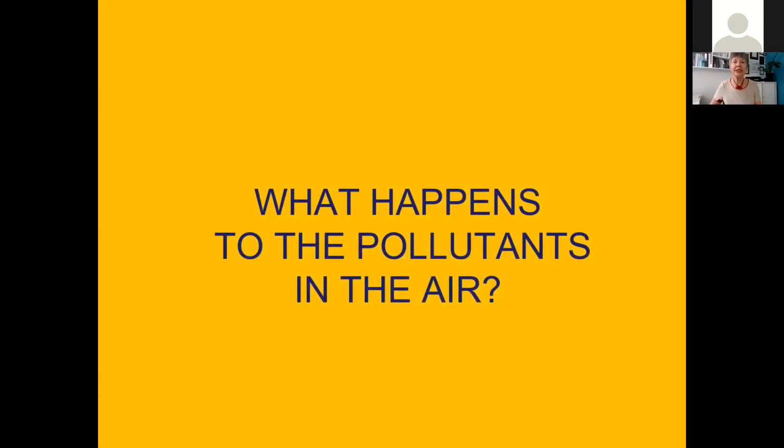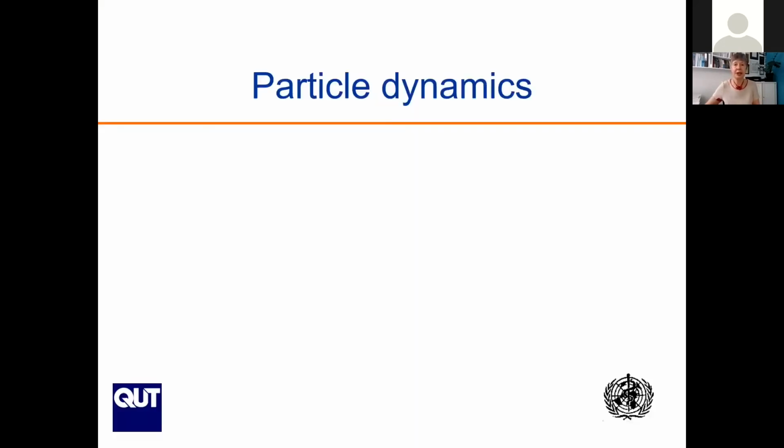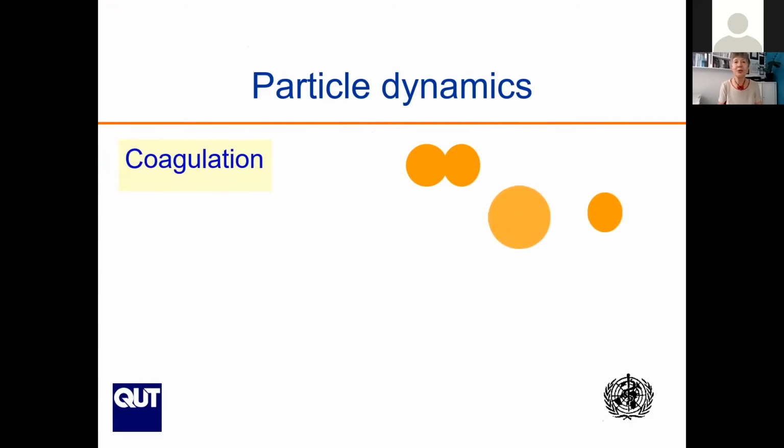So what happens to the pollutants in the air? So all these pollutants, whether gases or particles, were emitted by the sources, and we are talking about the combustion sources. What happens when they are in the air? Now, this is a short course on what we call particle dynamics. Imagine two particles floating in the air, and they come together and they make a new, bigger particle, coagulation.